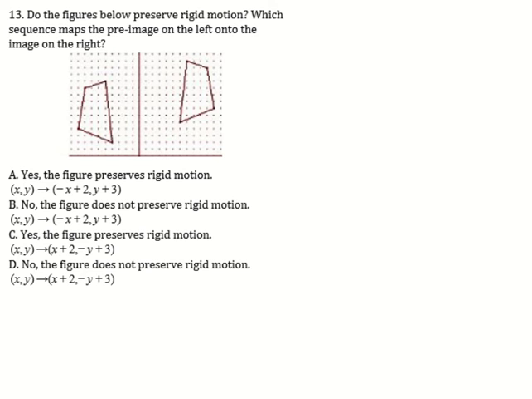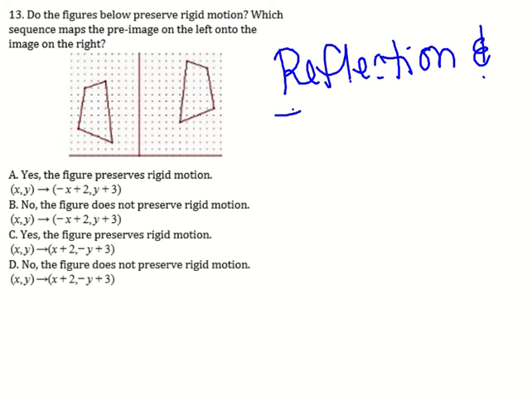But in this case, I can look at it and say, oh, what is happening here is a reflection and probably a translation. So it got reflected and then moved over some.